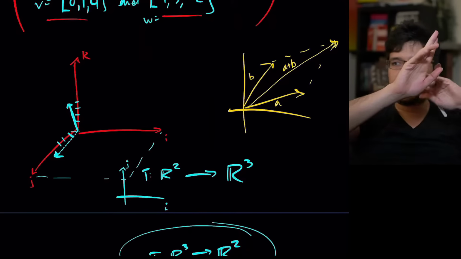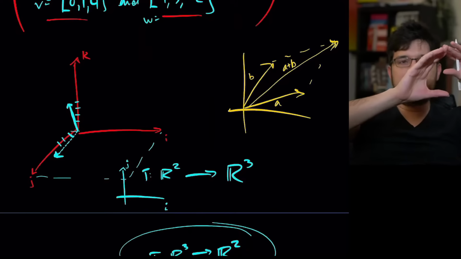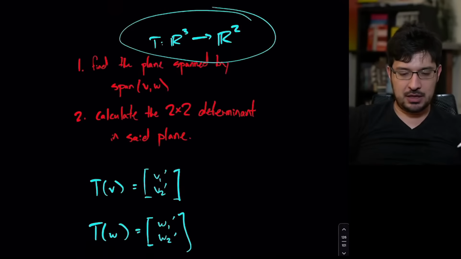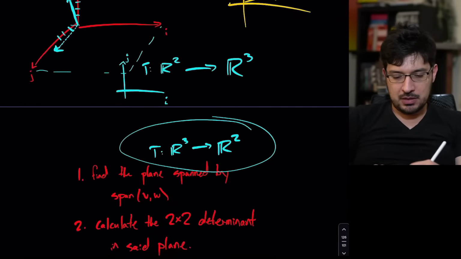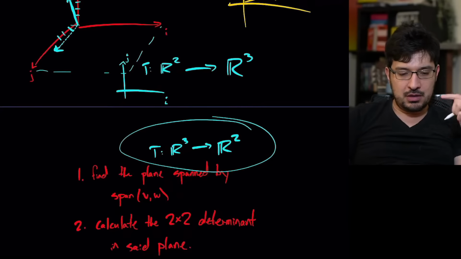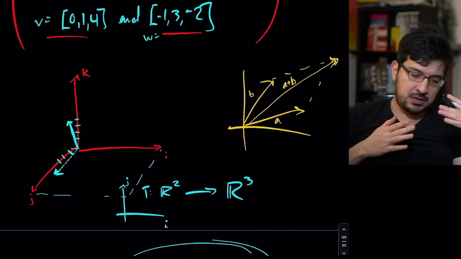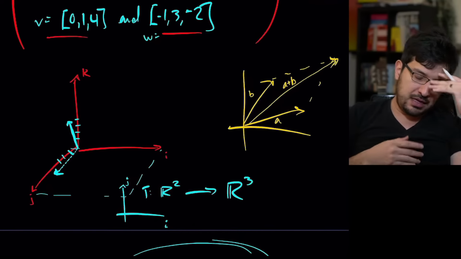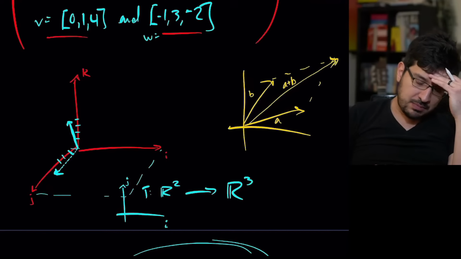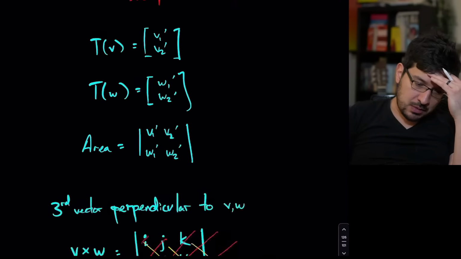So if I project to that plane, then I can get some other 2x2 vectors that they project into or something. I don't know.